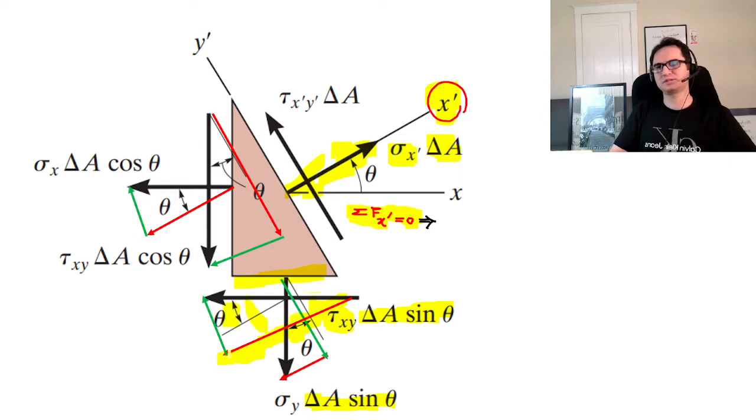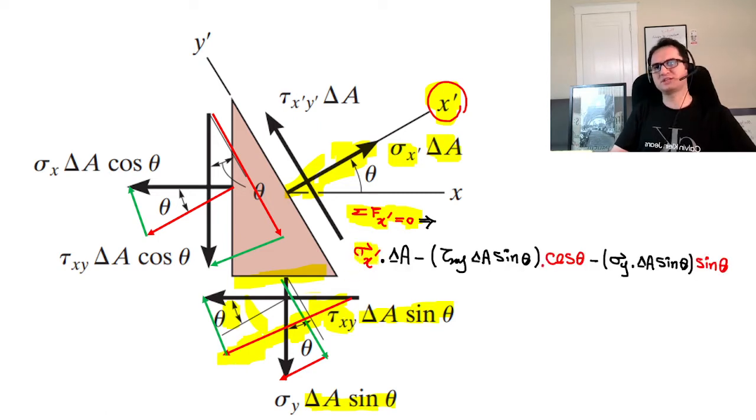So if you write down the equation: sigma x prime delta A minus tau xy delta A sine of theta times cosine of theta. We also need sigma y delta A sine of theta, which is this force, and the component of that is sine of theta. So that's sigma y delta A sine of theta times sine of theta. That's the part for the bottom.